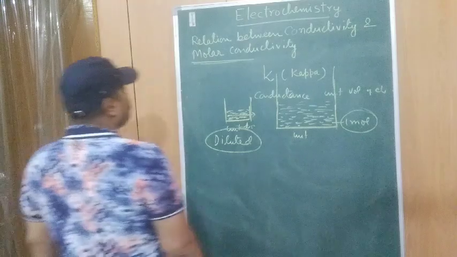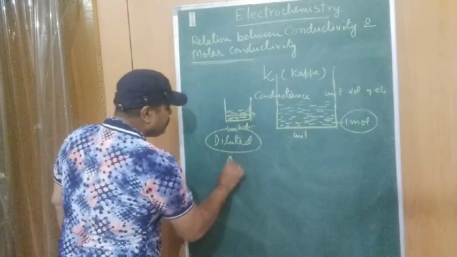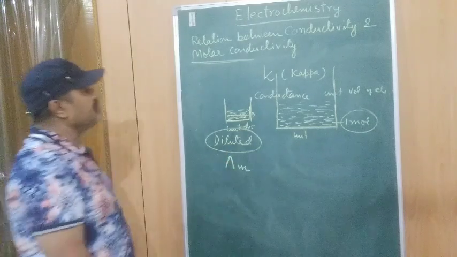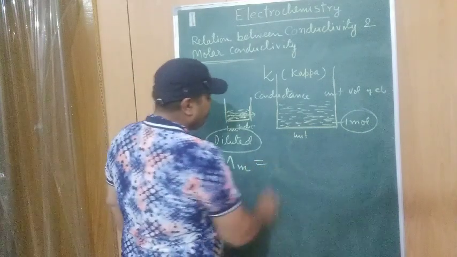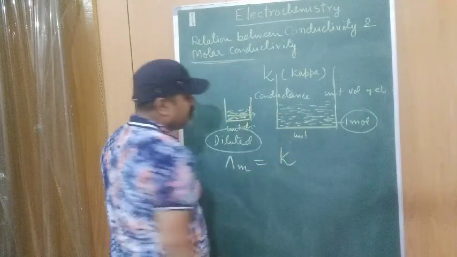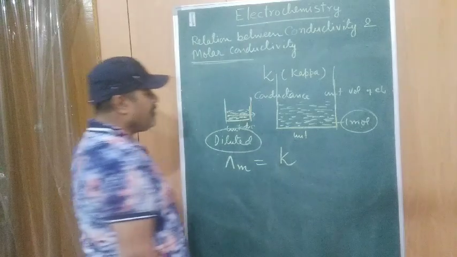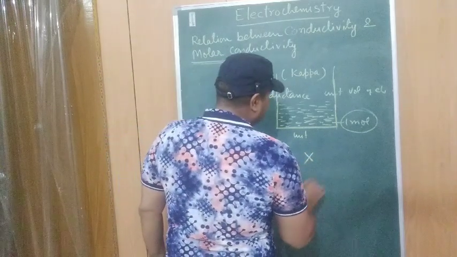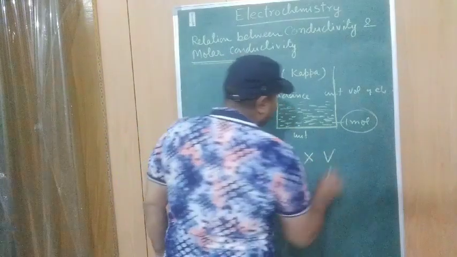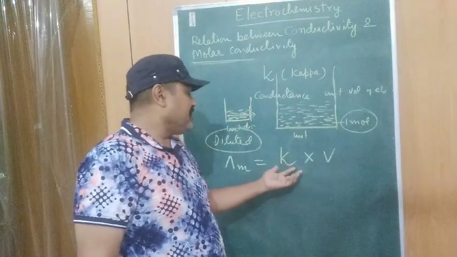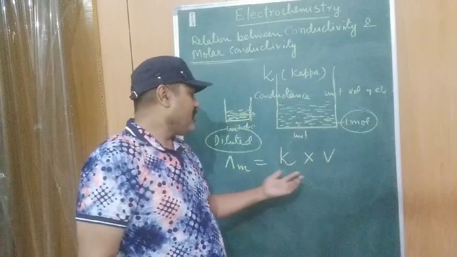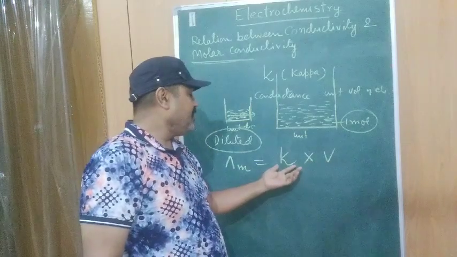Now I am going to correlate these two. This molar conductivity is denoted by lambda m, and this is equal to kappa, which is known as conductivity, multiplied by volume. Now we should understand what this V and what this kappa is.